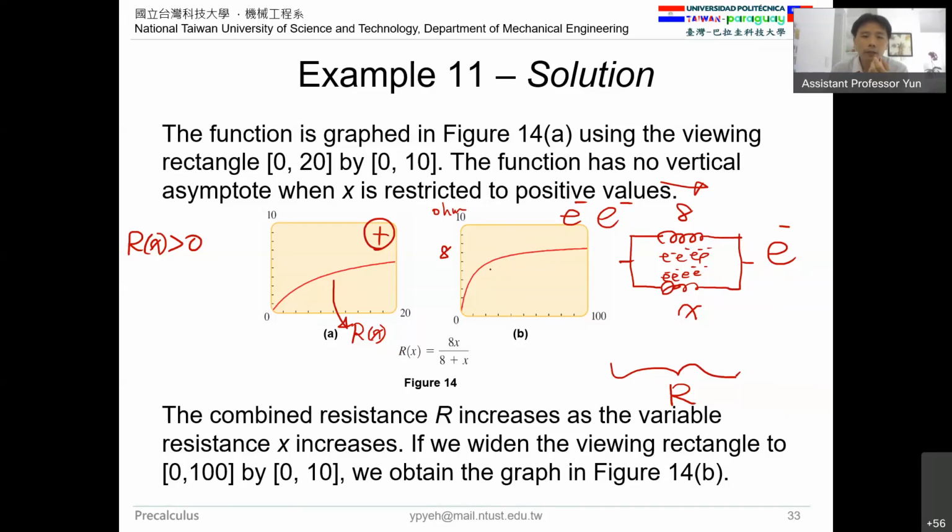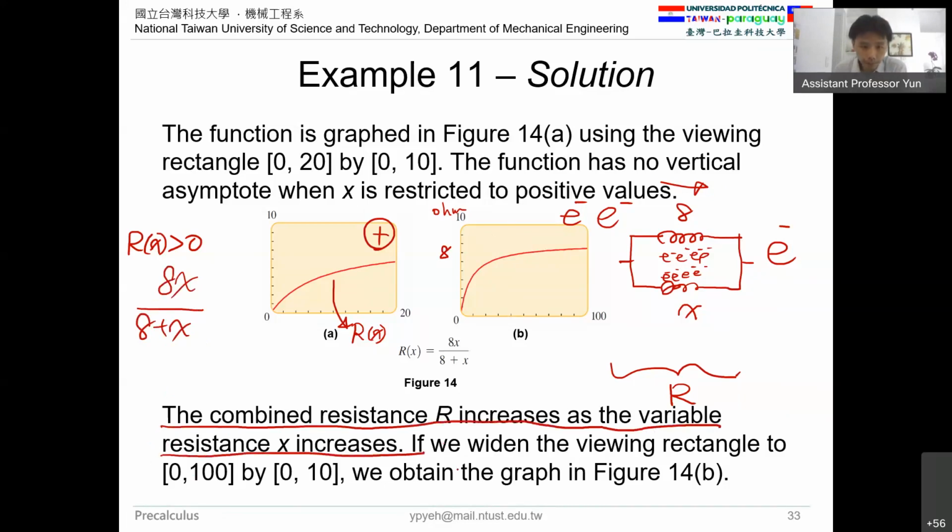If we have this rational model, ax divided by a plus x here, the combined resistance R increases as the variable resistance increases, right?